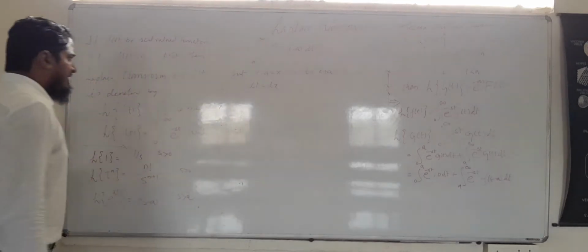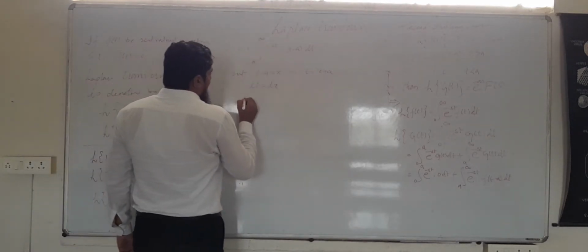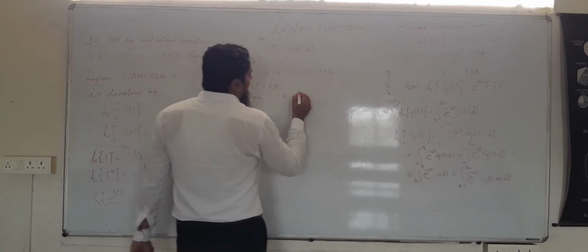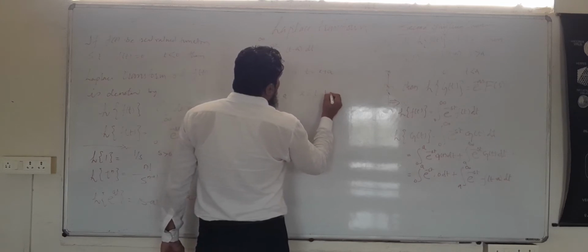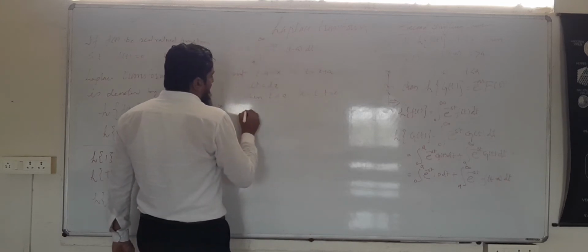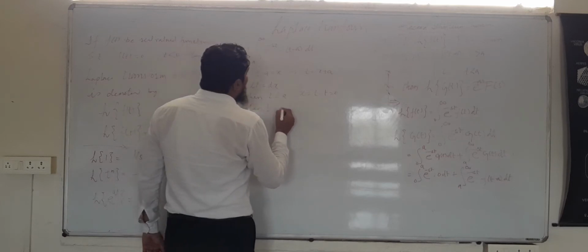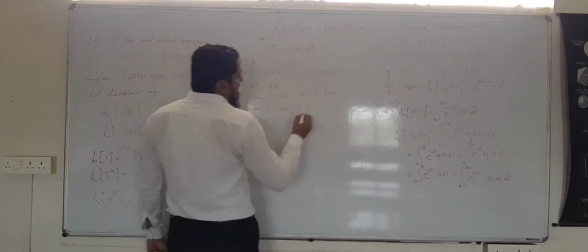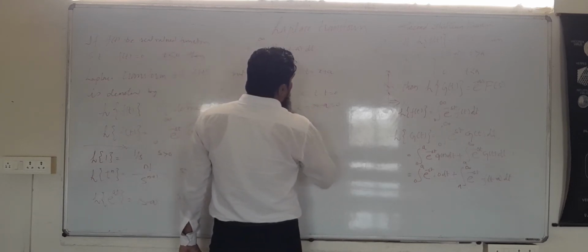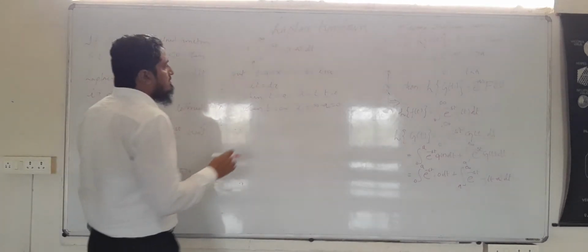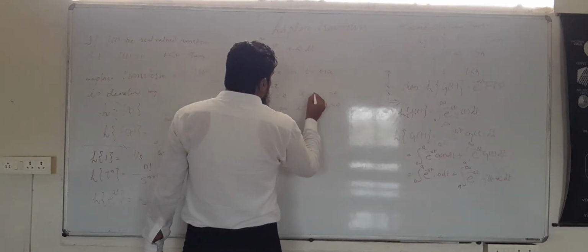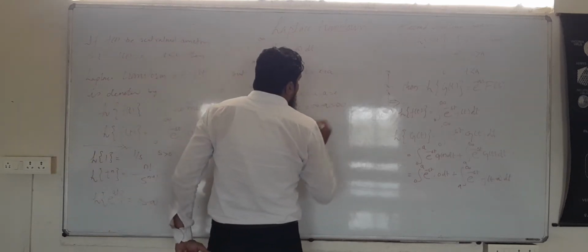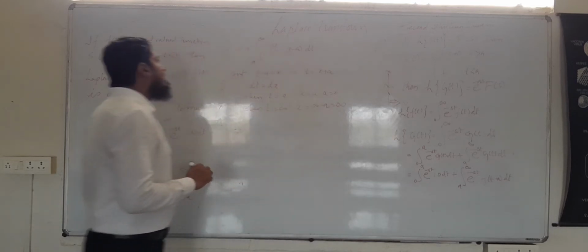Now, for the limits of integration, when t is equal to a, x is equal to a minus a, which is 0, and when t is equal to infinity, x becomes infinity minus a, which is equal to infinity.